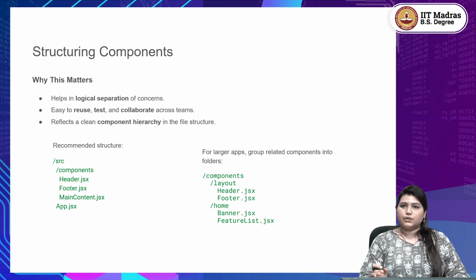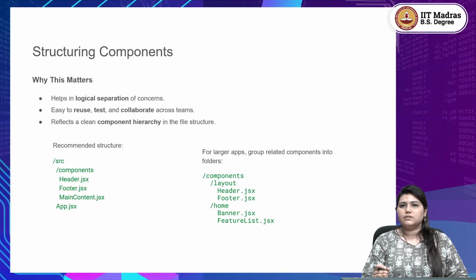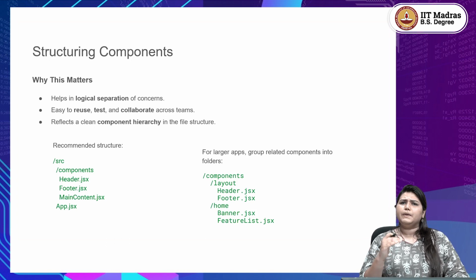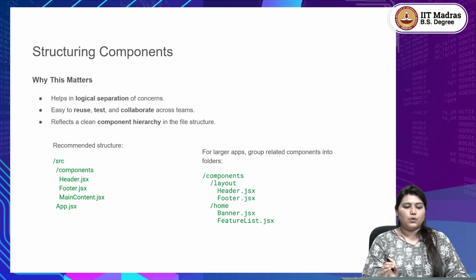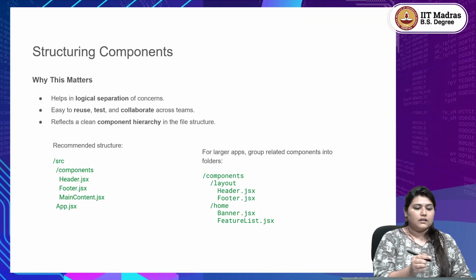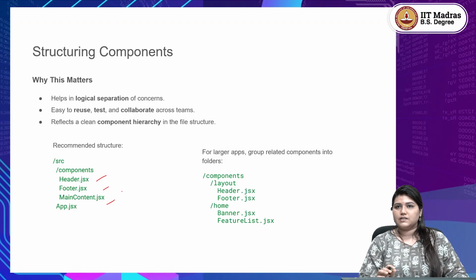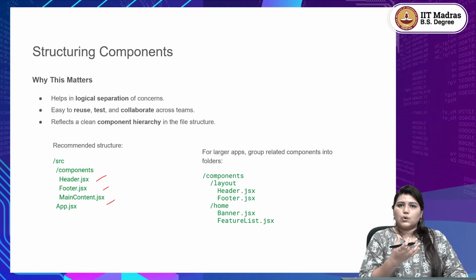Now, why is component organization so important? As your application grows, maintaining a clean and logical folder structure becomes essential for collaboration, debugging and scaling your code base. At a minimum, your project might have a src folder, inside which there is a components folder. Inside that, each major UI piece like header, footer, main component.jsx gets its own file.